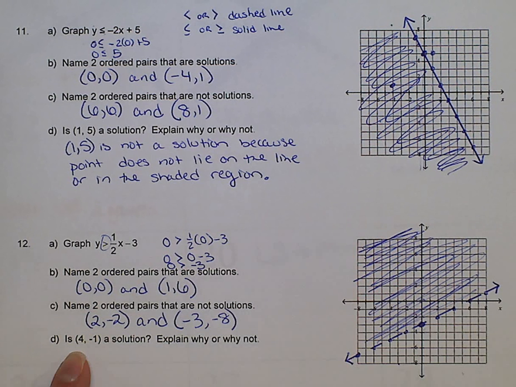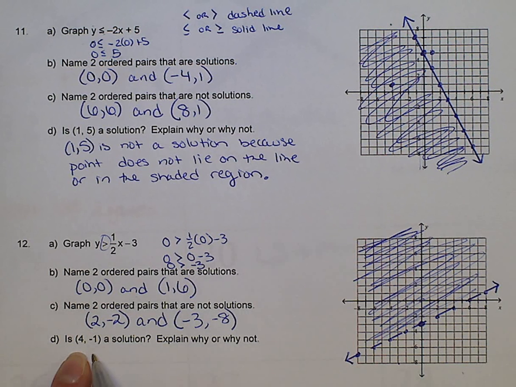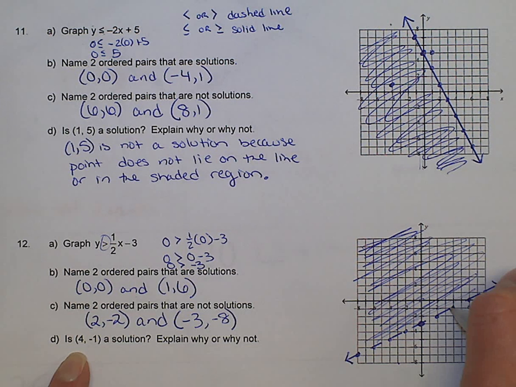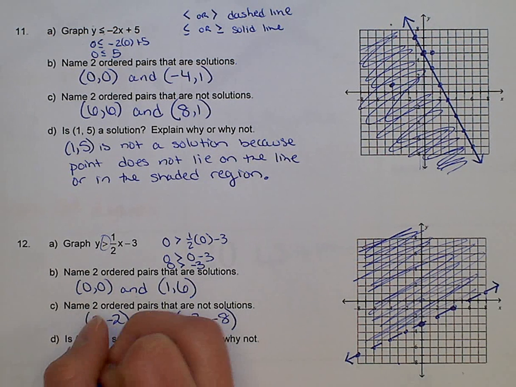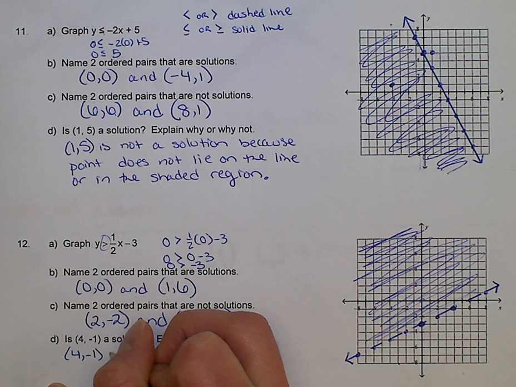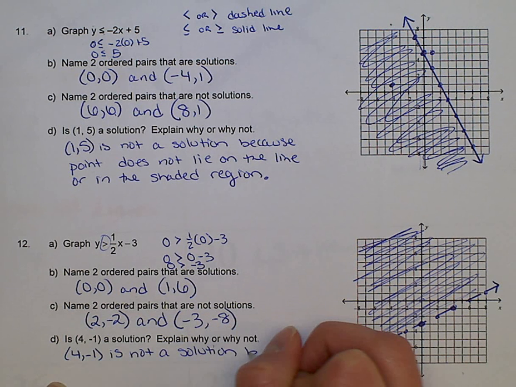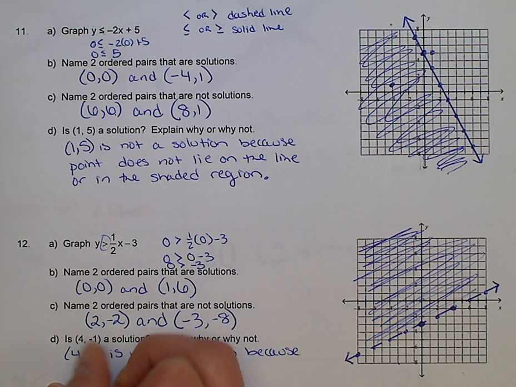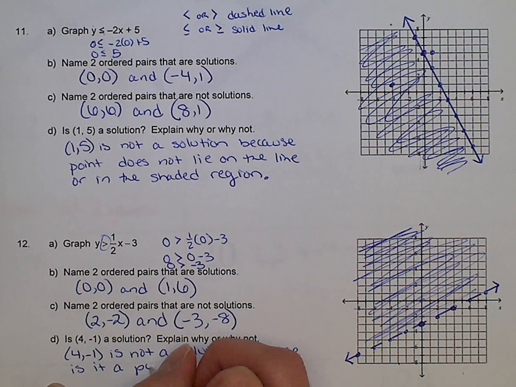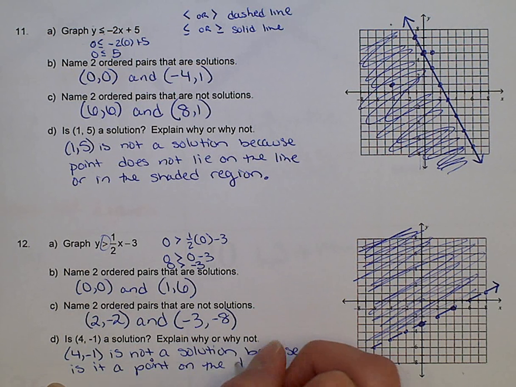All right, is 4, -1 a solution? Let's see, 1, 2, 3, 4, -1. This falls on the dashed line. 4, -1 is not a solution because it is a point on the dashed line.